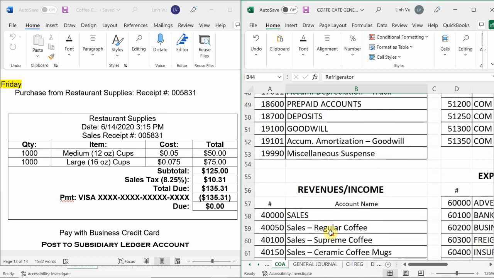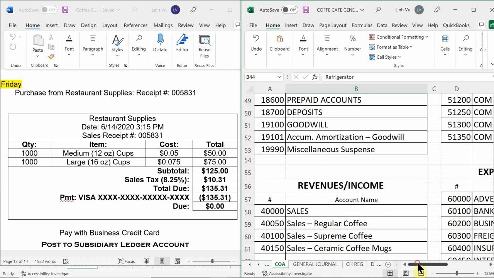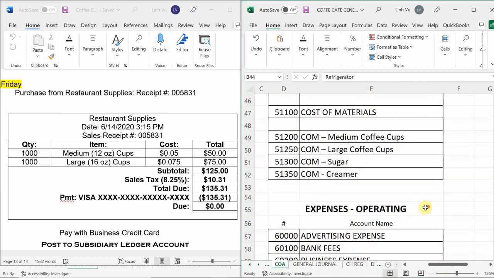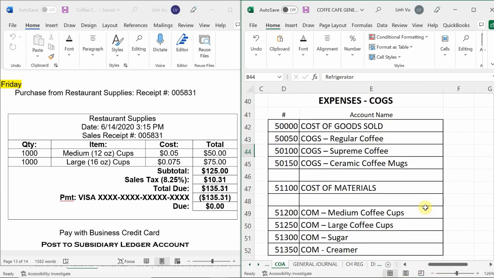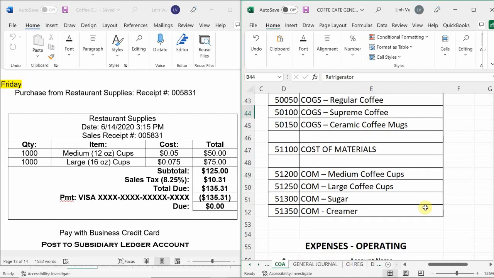If I take a look at my expenses, I have a designated spot for cost of materials. It's going to act as if it was part of cost of goods sold, because we are actually selling our coffee by the cup.